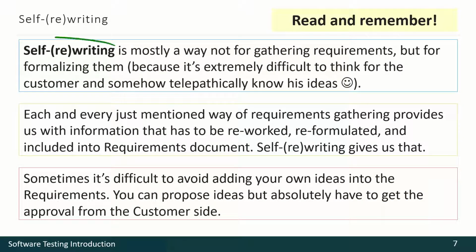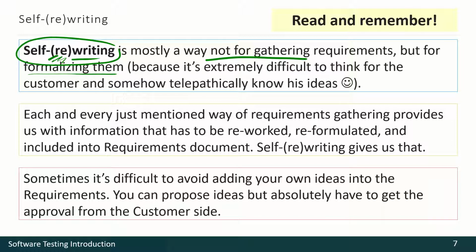And the last technique here, self-writing, or usually rewriting. It's really not for gathering the information, but for formalizing ideas, because from all those previous techniques, like interviews or meetings or prototyping or something like that, we get information in different ways.